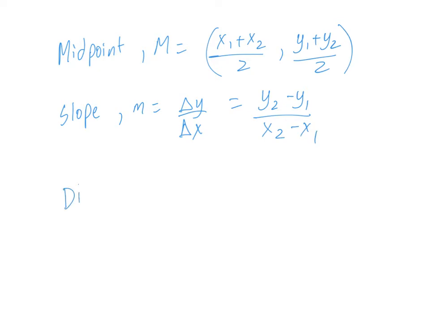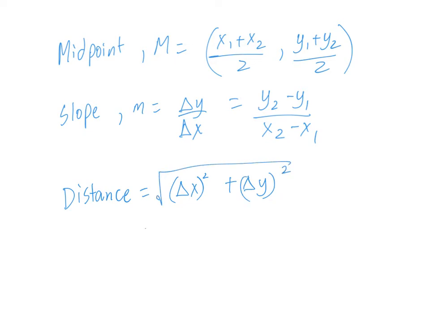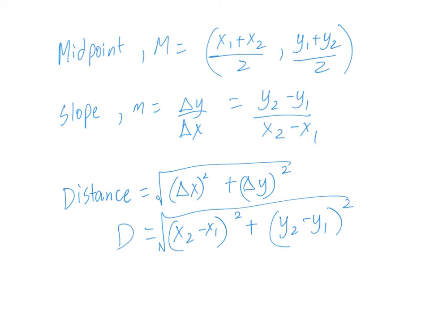And then distance: the square root of delta x squared plus delta y squared, so x2 minus x1 whole squared plus y2 minus y1 whole squared. If you can manipulate all these things, it would be wonderful.